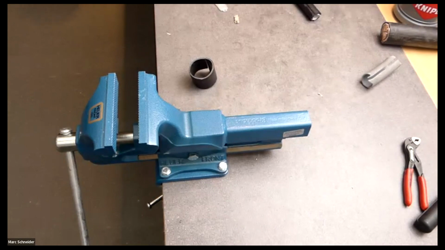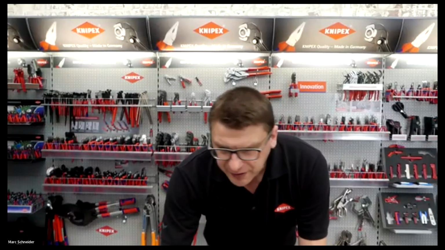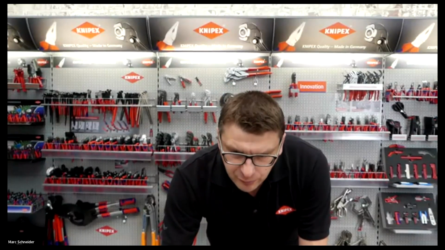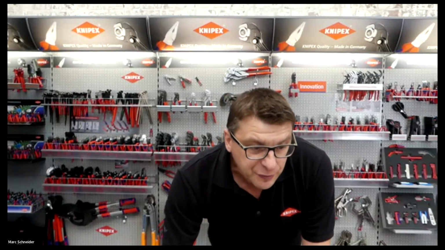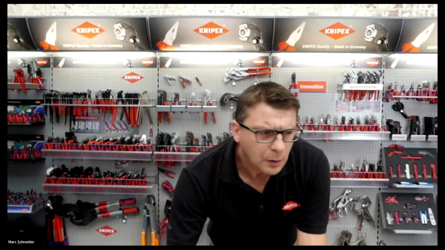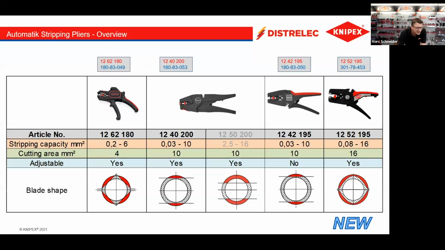In this chart, there are 3 factors that are important for you to work with automatic wire strippers. These are the stripping capacity. Oh, sorry, I didn't share the screen. Sorry, so this is a live webinar. So now you see, thank you very much.